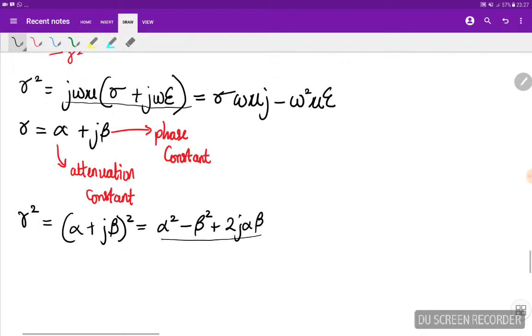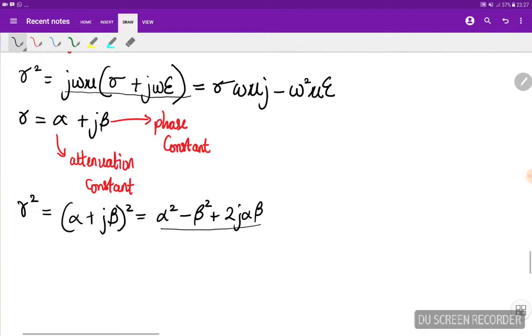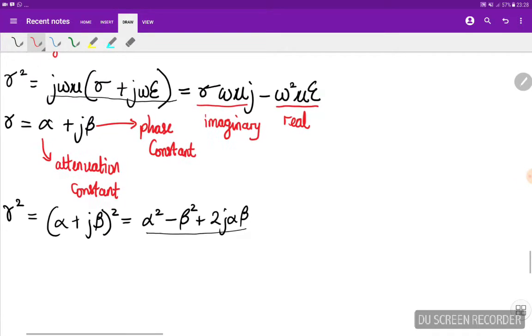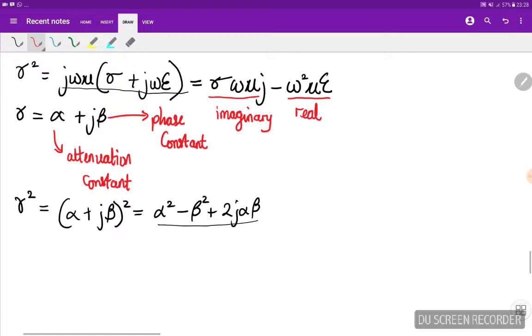If you look at it, it looks like the last one. This is our real component because it doesn't have a j, and this is our imaginary because it has a j. This is complex numbers; you can research it more. Comparing, this is also real since there's no j, and this is imaginary since there's a j.